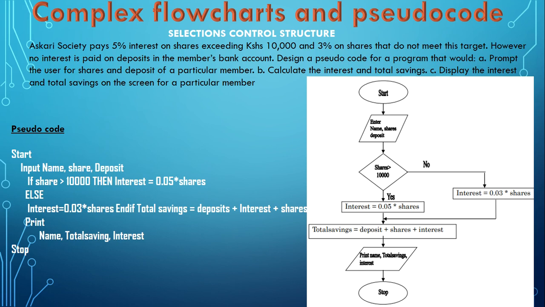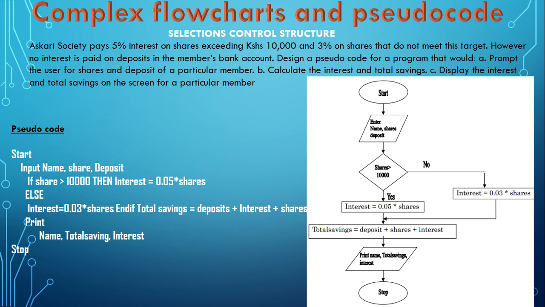A, design a pseudocode for a program that would prompt the user for shares and deposit of a particular member. B, calculate the interest and total savings. C, display the interest and total savings on the screen for a particular member.